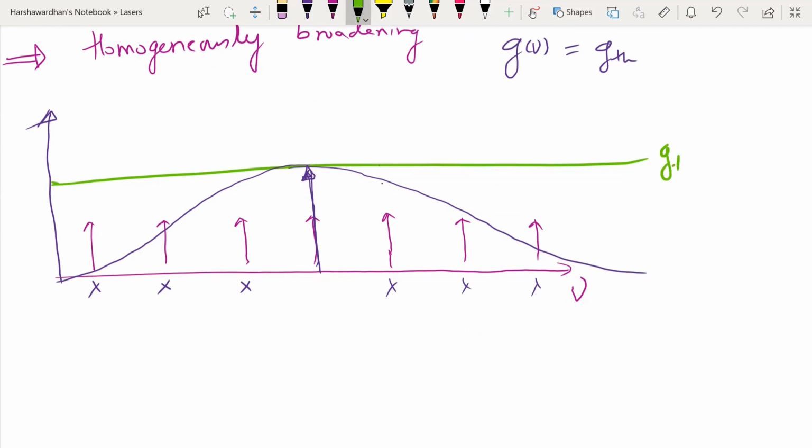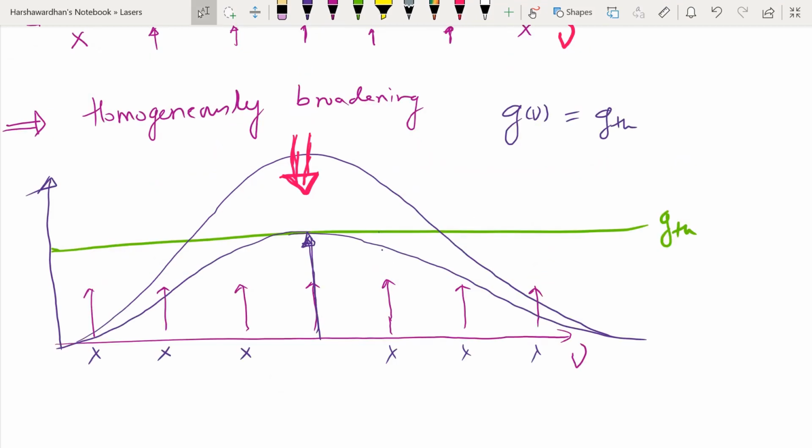This was my level of the gain threshold, and the original gain curve has now got saturated as the intensity builds up. We require that the gain is equal to the gain threshold. That is the condition for CW oscillation, continuous wave constant output, and hence only a single mode oscillation occurs.